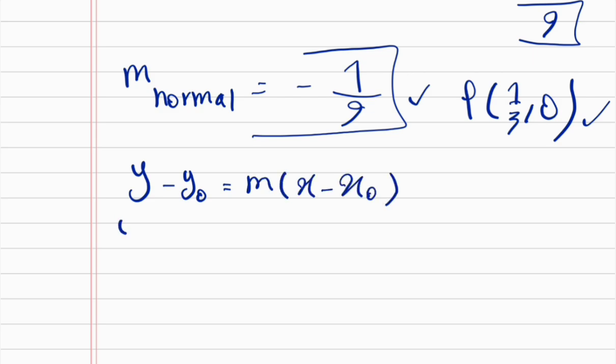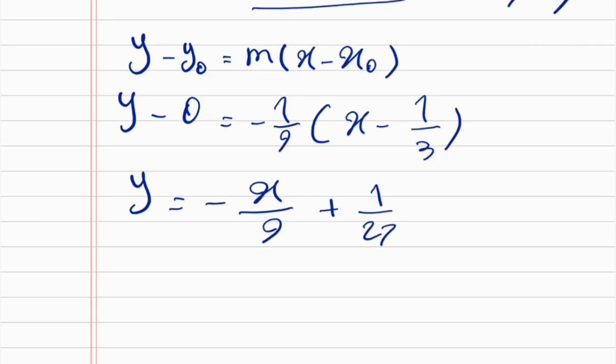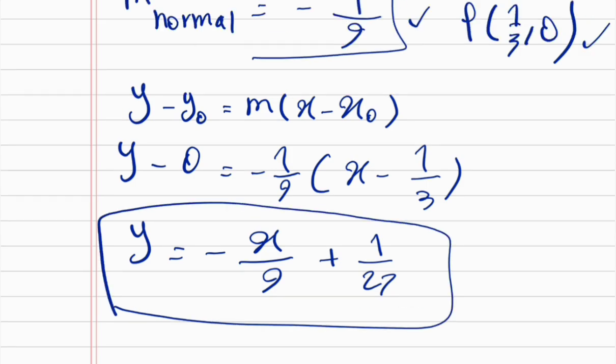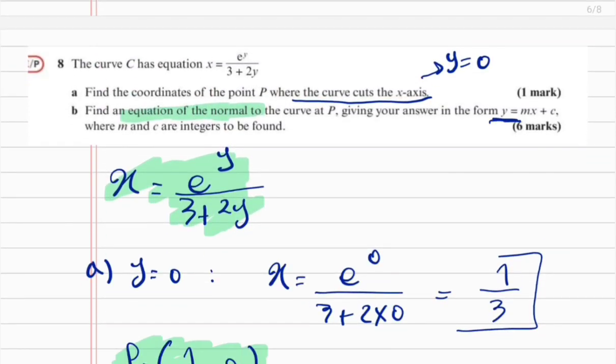We substitute the values. y minus y0 is just 0, m is minus 1/9, and x0 is 1/3. So it becomes y equals minus x over 9 plus 1/27. And that's it. This is the equation of the normal, and this is exactly in the form that we were asked.